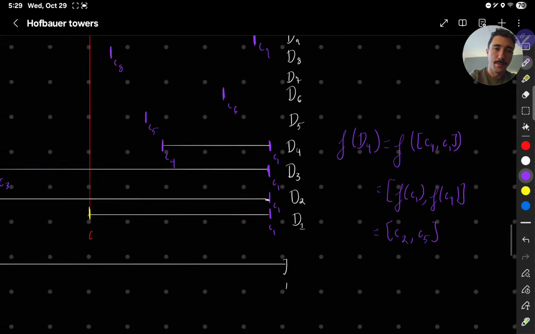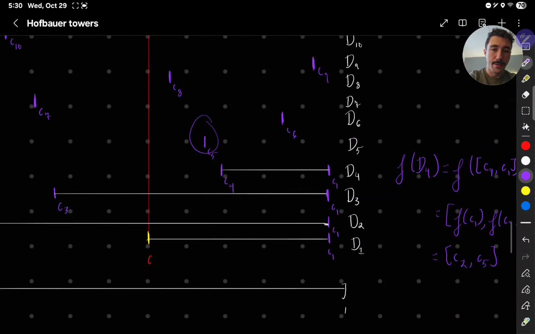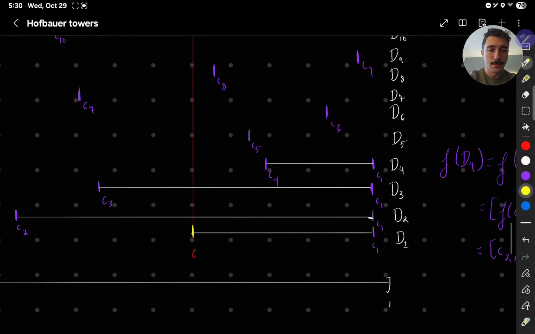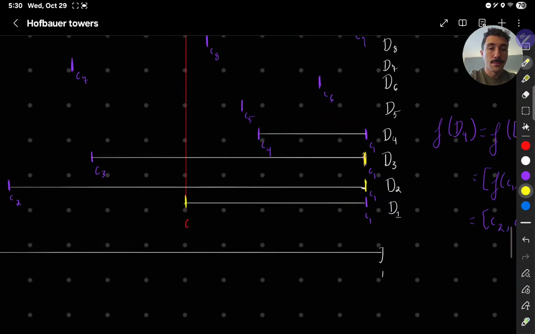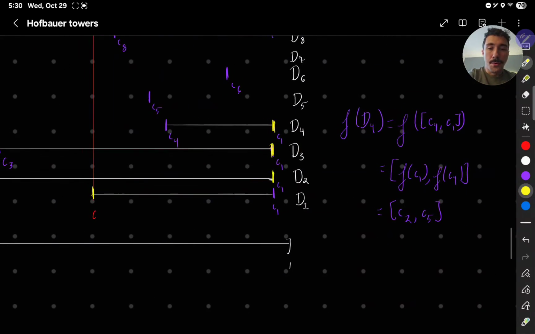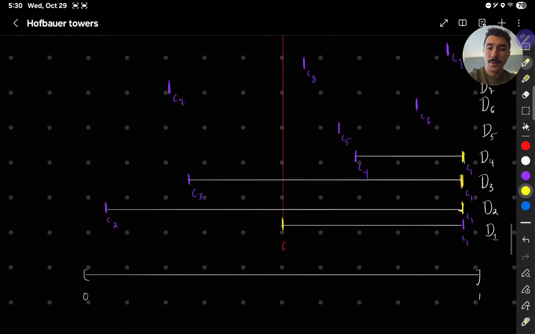Just increment the index. Well, you can already see that C5 is on the next level. So just draw. And I should be doing yellow for these. So I just needed to write C2 now. Well, C2 was here.